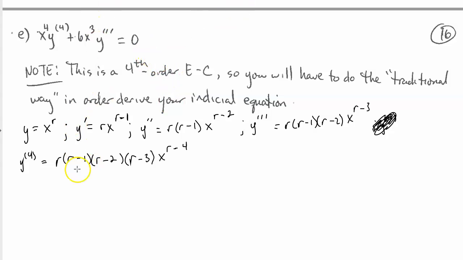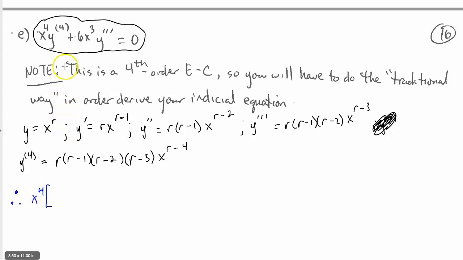So now that we have this, we are going to substitute all of that into our original ODE here. All right, so therefore, we have x to the fourth. And of course, now we need the fourth derivative, which is going to be all this business here.